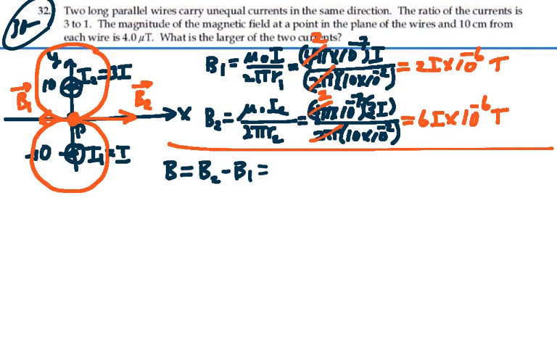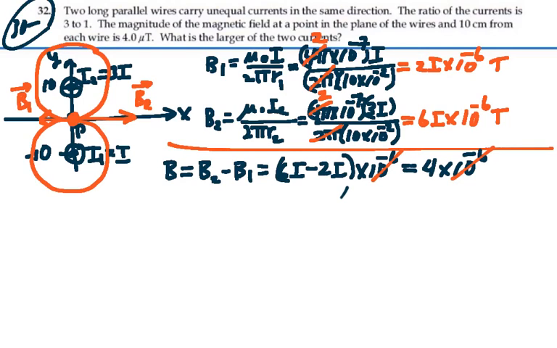So this is going to be equal to 6I minus 2I times 10 to the minus 6, and we're told that that is equal to 4 microtesla, so that's 4 times 10 to the minus 6 Tesla. The 10 to the minus 6 cancels on both sides, and we're left with 4I equal to 4, or I is equal to 1 amp.